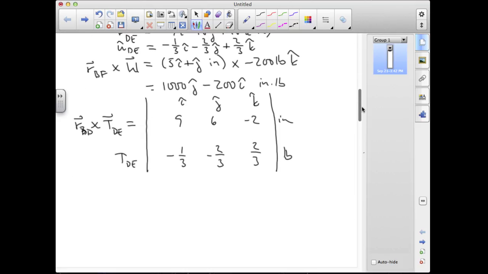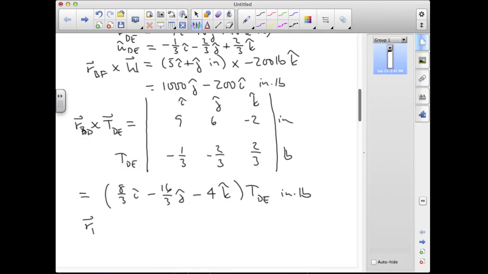And when we put all this together, we get, in the I direction, a 12/3 minus 4/3. We get an 8/3 I in the first component. We get a minus J, that's 18 minus 2, or minus 16/3 J. And in the K direction, we get a minus 18 plus 6, which is a minus 12/3, or minus 4K. All of this times TDE inch-pounds.